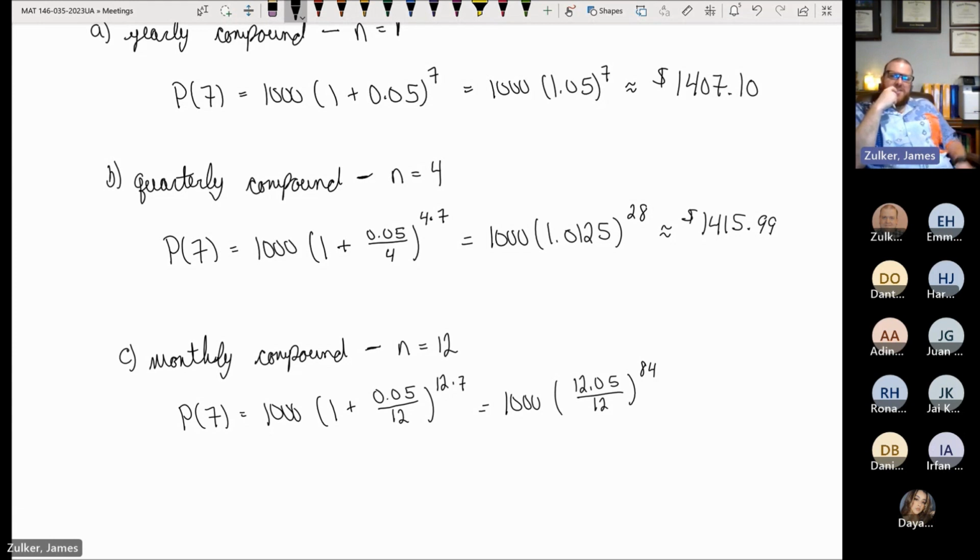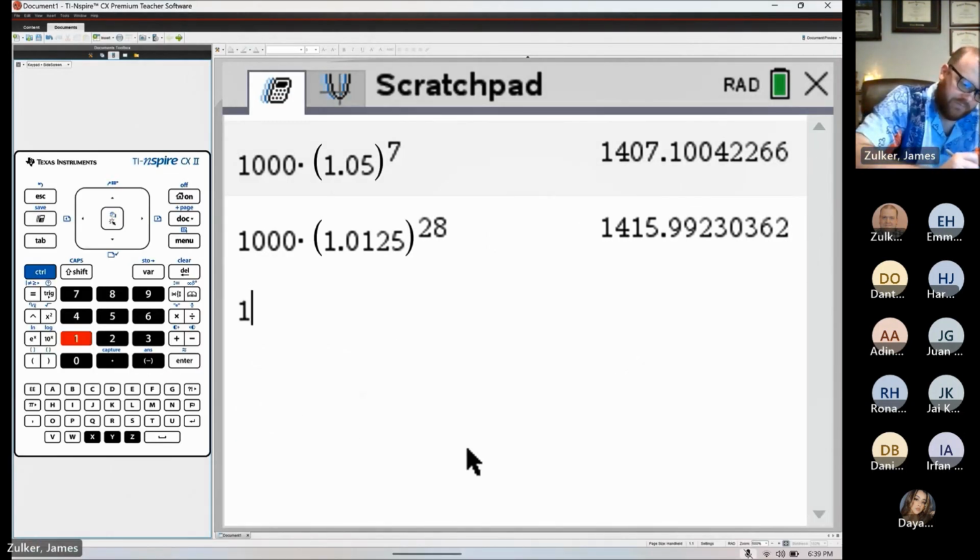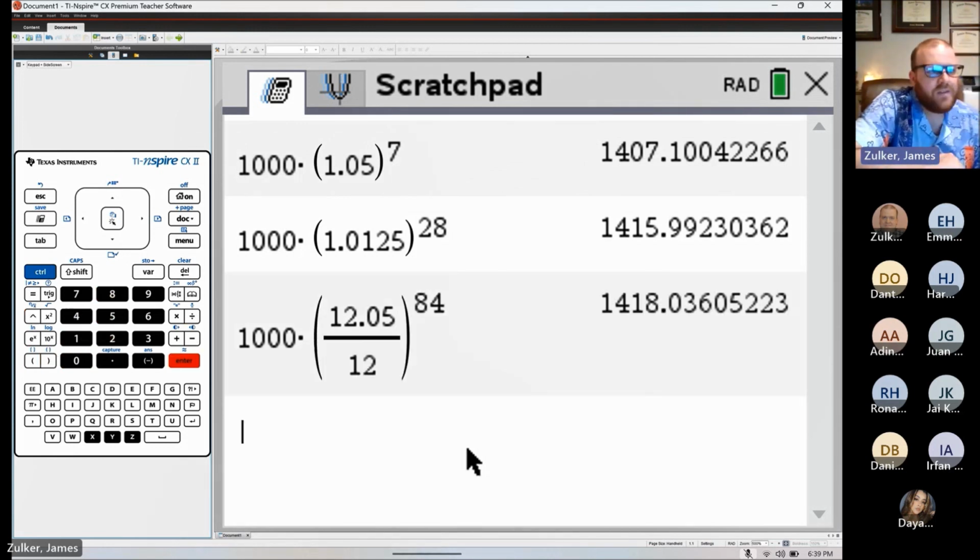And that'll wind up being 1,000 times 1 plus 0.05 divided by 12 raised to the 84th power. $1,418.04.